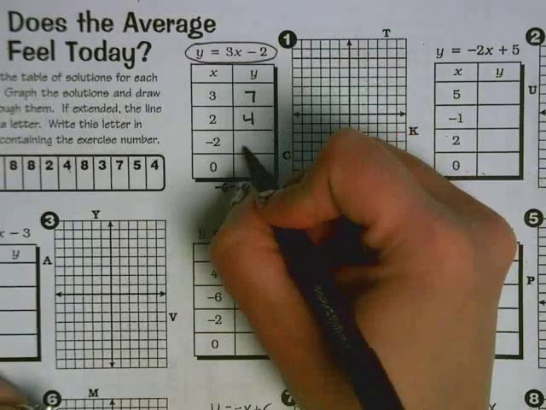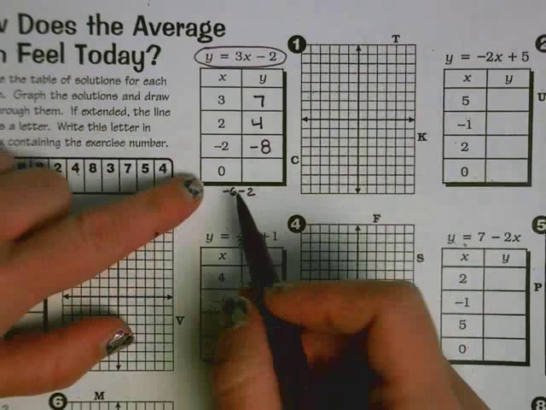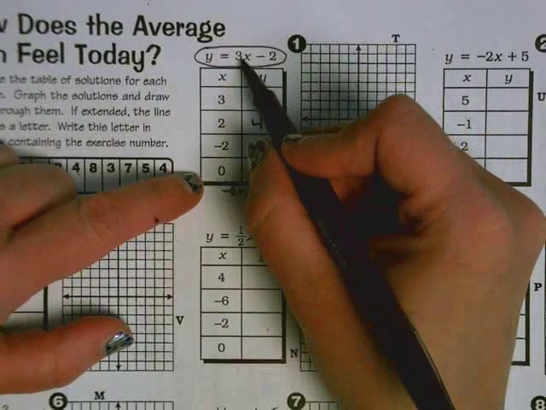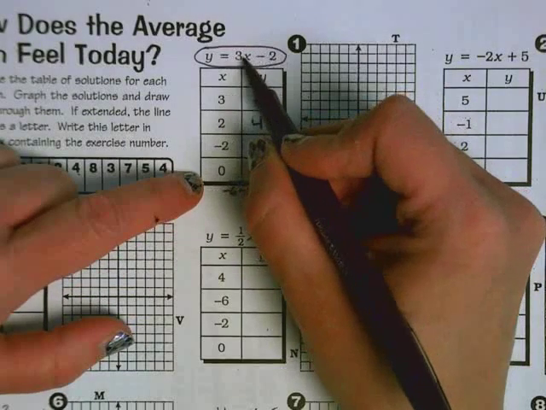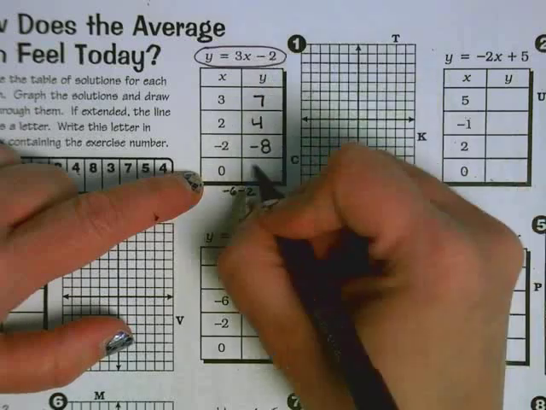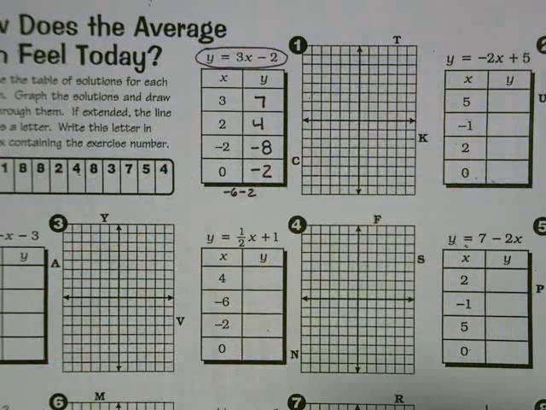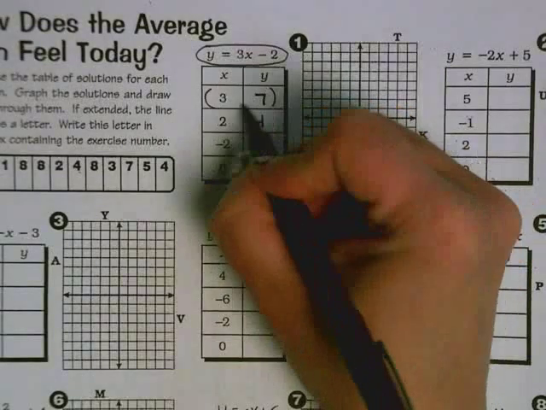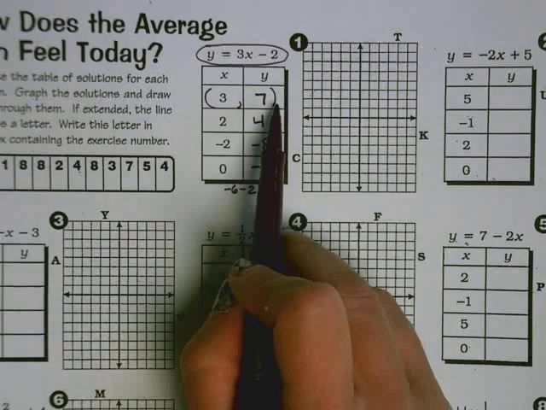That takes us down to negative 8. And then 0, I like 0. It's pretty easy because when you plug in 0, 3 times 0 is just 0. That all goes away. What's 0 minus 2? Takes you down to negative 2. So it's up to you whether you want to turn these into ordered pairs or whether you can just get used to reading them from the table, 3, 7, right here.